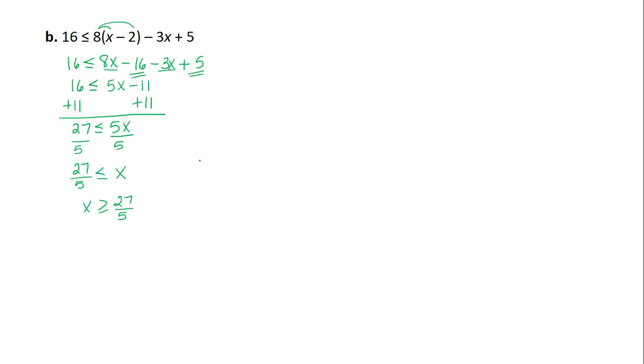To graph, we shade everything to the right of 27 fifths, and place a bracket on 27 fifths since it is included in the solution set. The set builder notation is the set of x such that x is greater than or equal to 27 fifths.